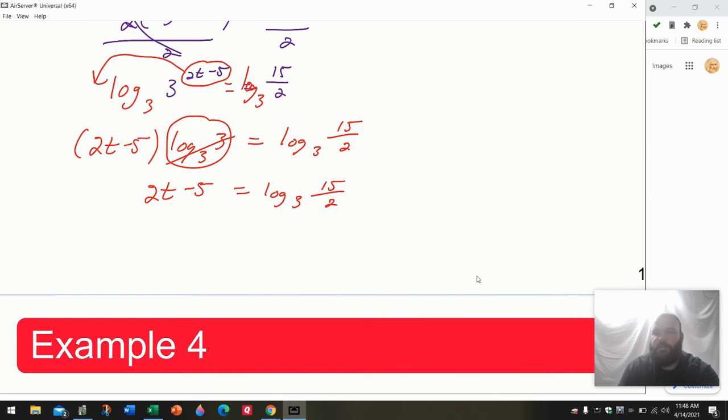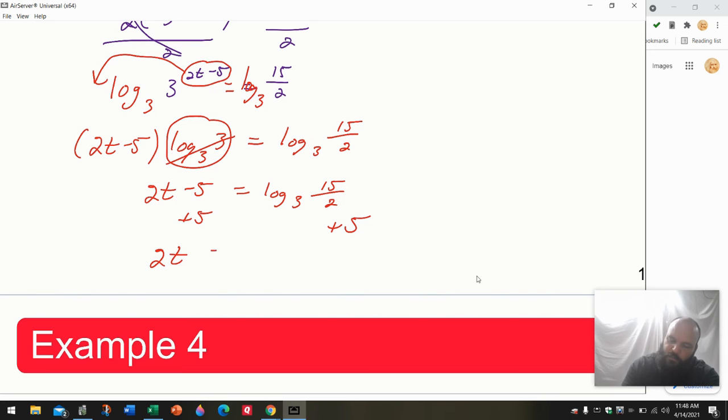Now there's two more steps to do, and they're pretty easy. Now we need to isolate this variable t right here. And in order to isolate that variable, the first thing we'll do is add 5 to both sides. Now, on the right-hand side, there's no like terms to add that 5 to, so it will just be tacked on to the end of the equation.